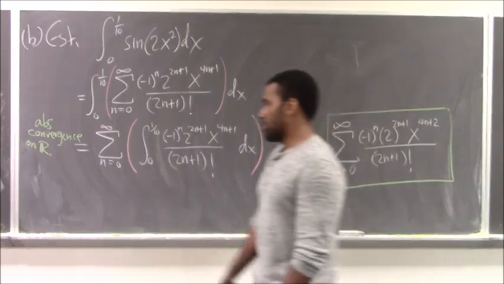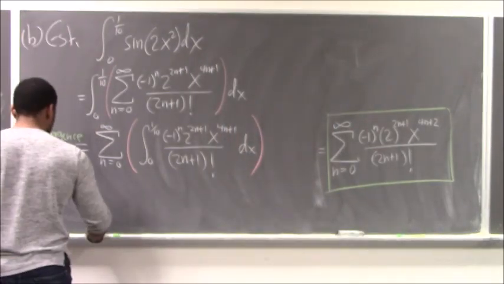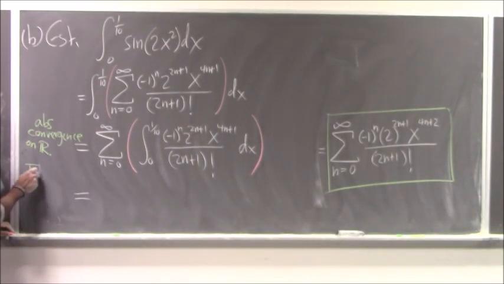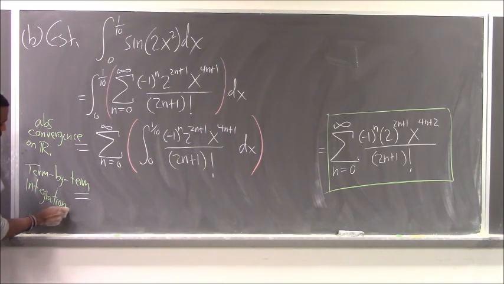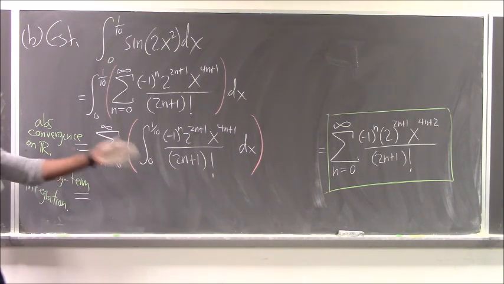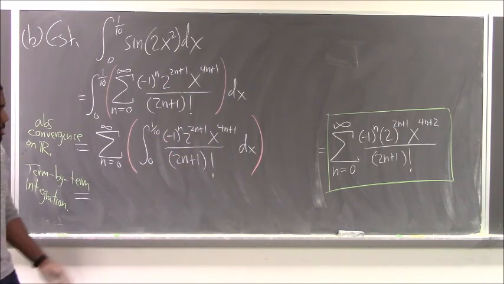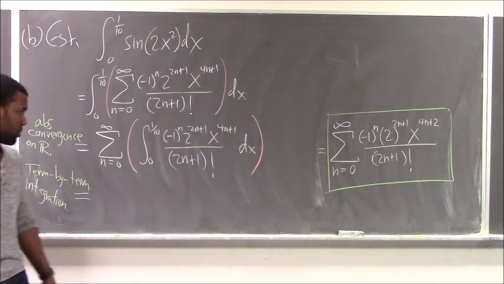Now, this is what we call, as you might recall, term-by-term integration, which basically comes down to: you can integrate each of these individually, but another way you can think of that is actually just integrating this formula.